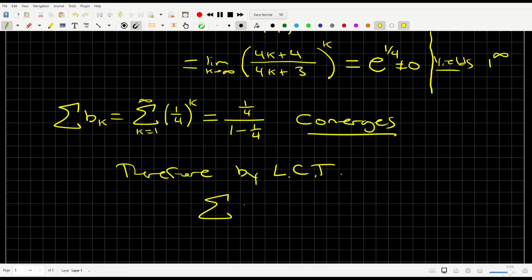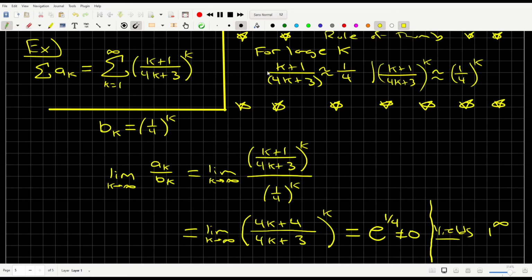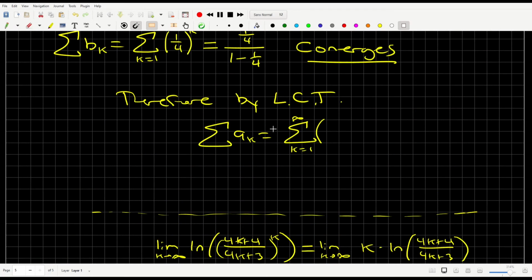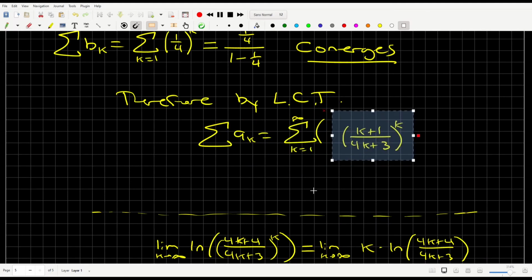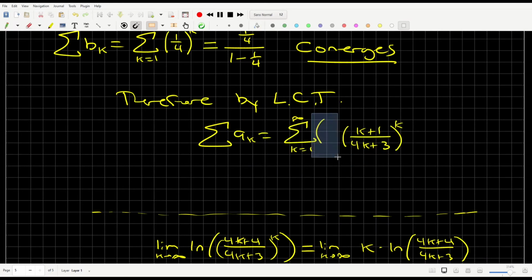the sum of the ak's, which is the sum from k equals 1 to infinity of ((k plus 1) over (4k plus 3)) to the k, so this sum right here must also converge.